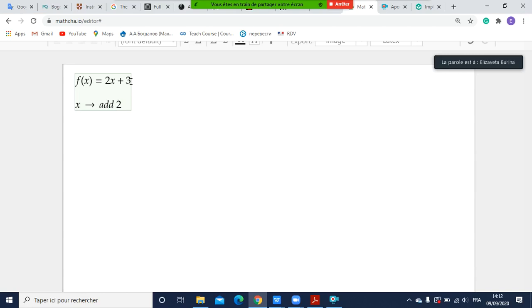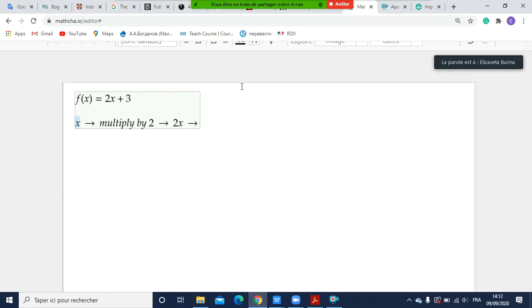No, it's not add 2, it's multiply by 2, sorry. The function tells us to multiply x by 2, we multiply. Then the function tells us, perfect, you obtained the result of 2x.